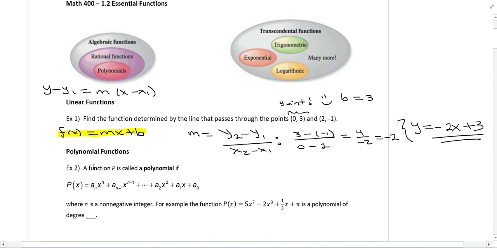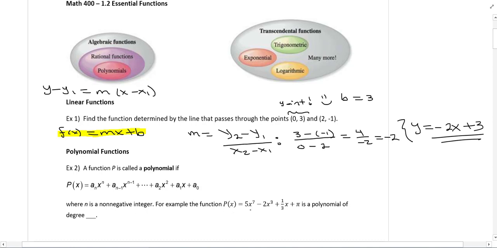Polynomial functions are functions that look like this: P of x equals a sub n x to the n, and you have all the degrees in decreasing form, where n is a non-negative integer. So in order to be a polynomial, n has to be either 0, which would mean just a constant function, or positive: 1, 2, 3, and so on.